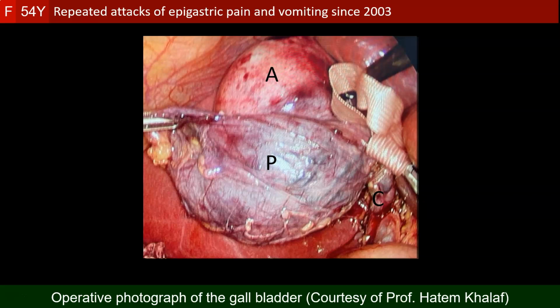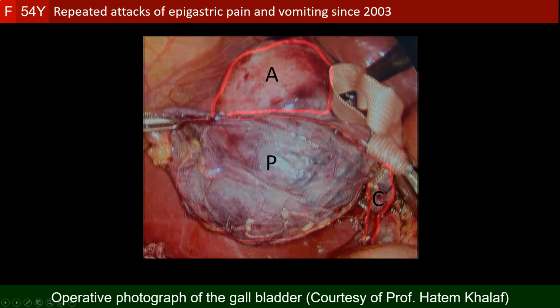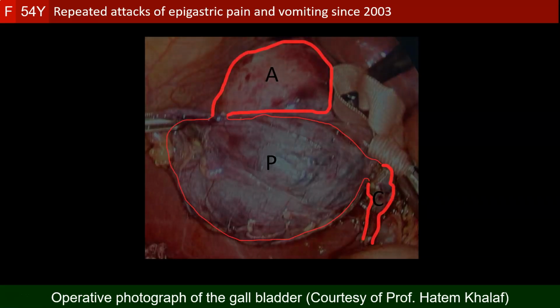So structure A was identified as the gallbladder, the inflamed gallbladder, and the structure B is a choledochal cyst of the cystic duct, which connects the gallbladder A to the normal part of the cystic duct C. And this is a diagrammatic representation of this surgical view.